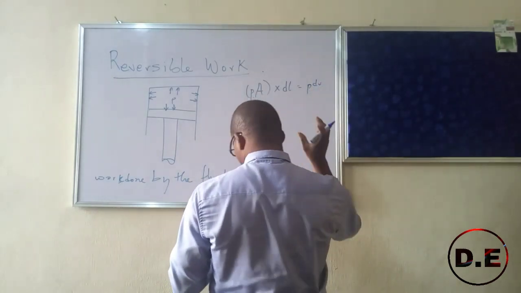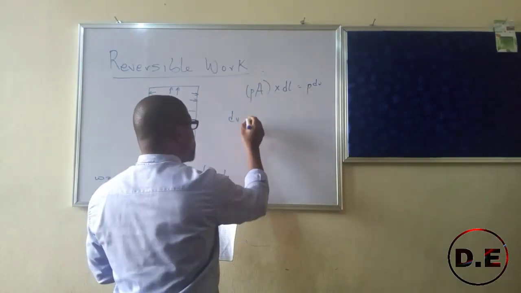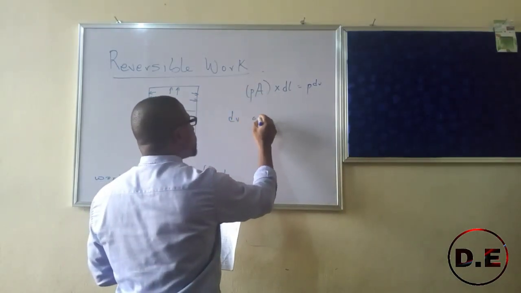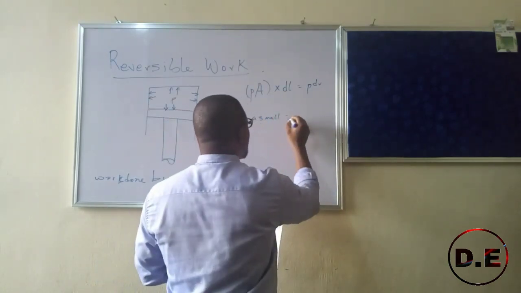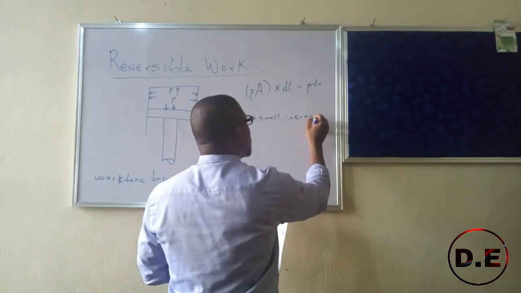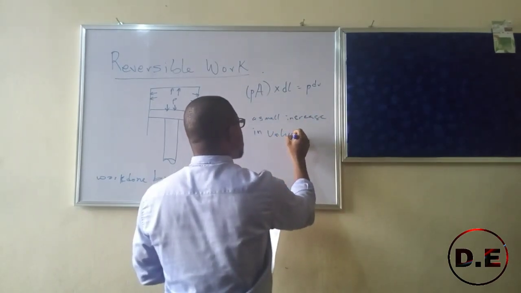That is where dV represents a small increase, a differential increase in volume.